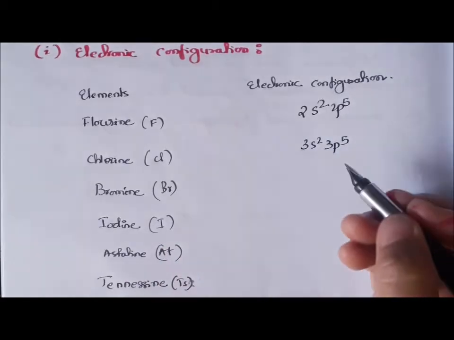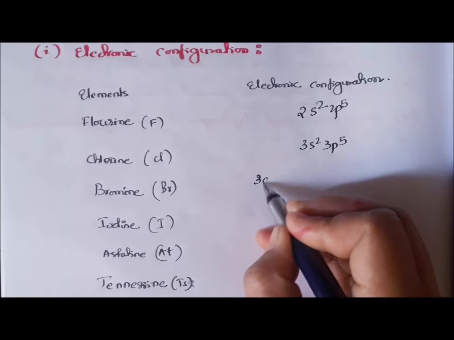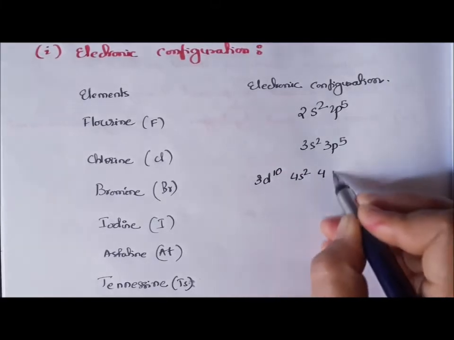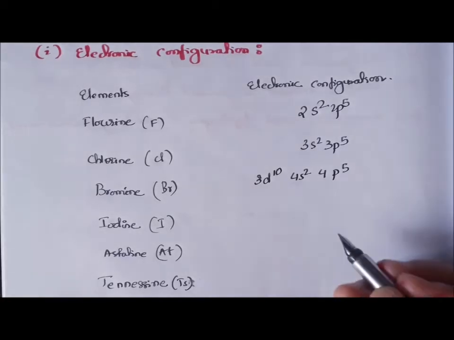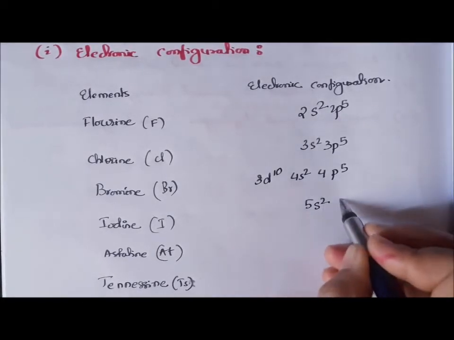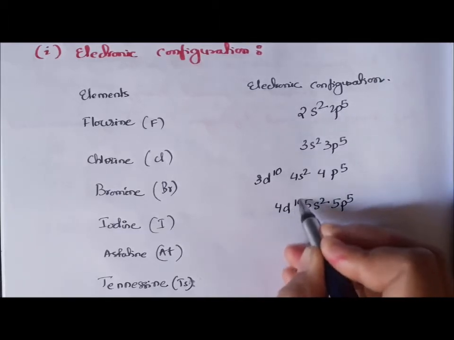Bromine, it is in period 4, so from 4 the d block element starts, so 3d10, right? Then 4s2 4p5. Then iodine is in the 5th period, so 5s2 5p5 and 4d10, okay.